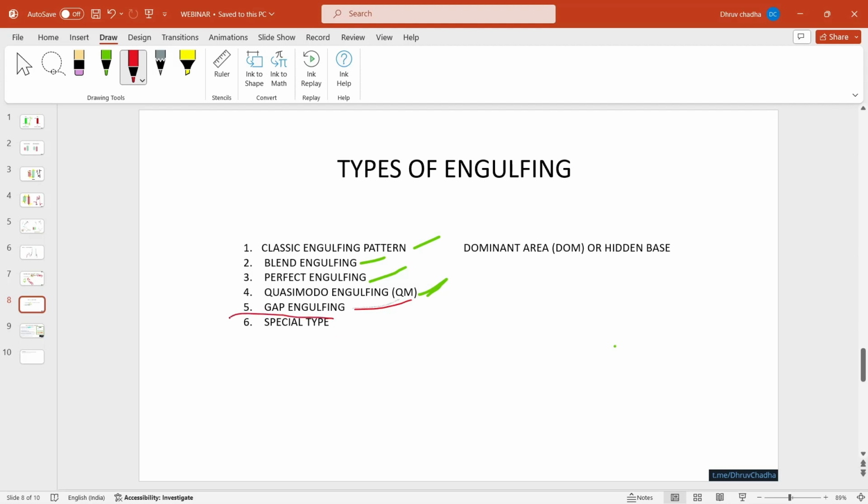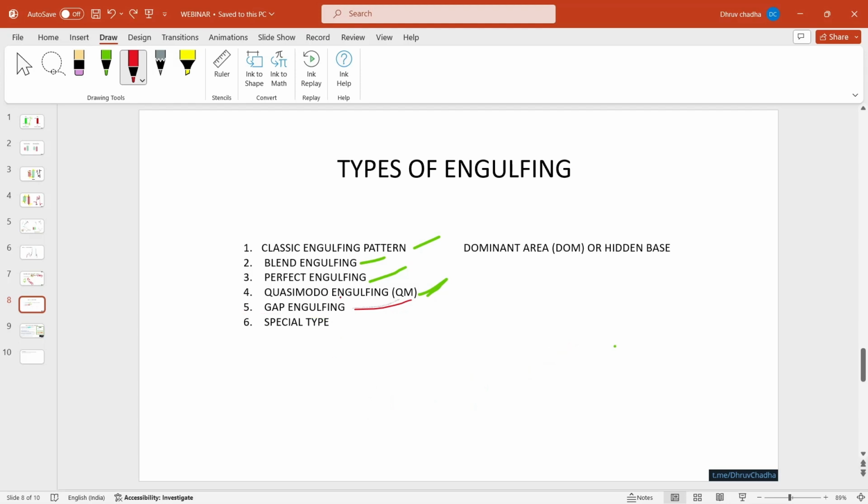Now here comes my special type of engulfing pattern. I've never seen a lot of people paying attention to this pattern, but it actually meets all the requirements needed for it to be called engulfing.